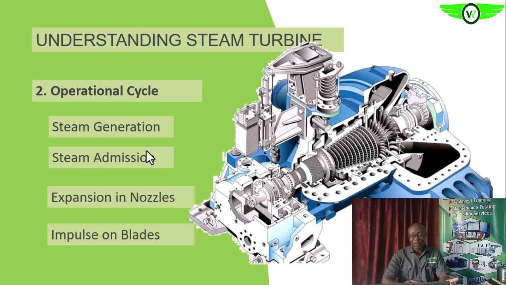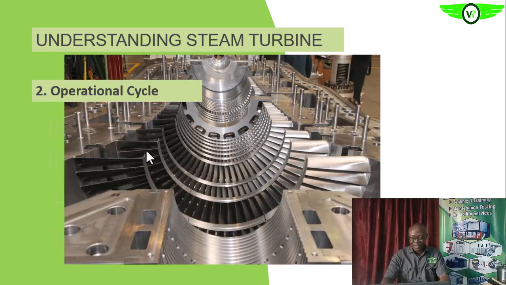So the action of the steam exiting the rotating blade can cause an equal and opposite reaction force on the blade that will also help to turn the blade further. Okay, so what you are seeing on your screen now are stationary blades on the stator of the steam turbine. So these stationary blades, as we have acknowledged earlier, usually act as the nozzles, okay, that help to throttle.